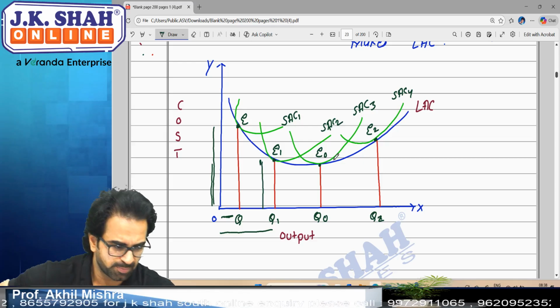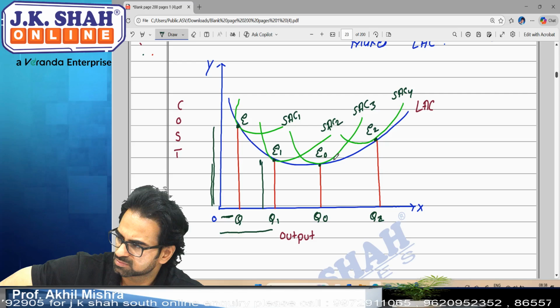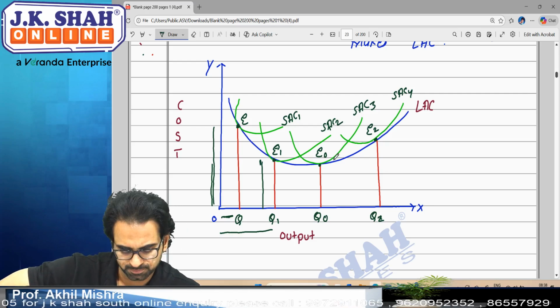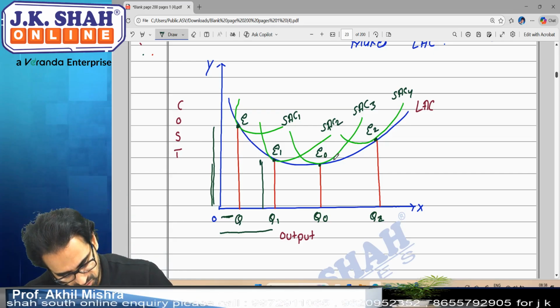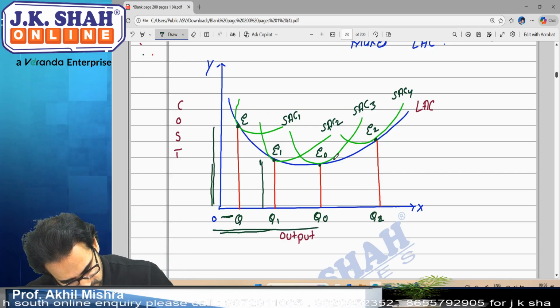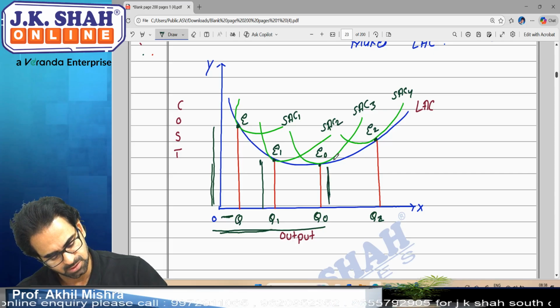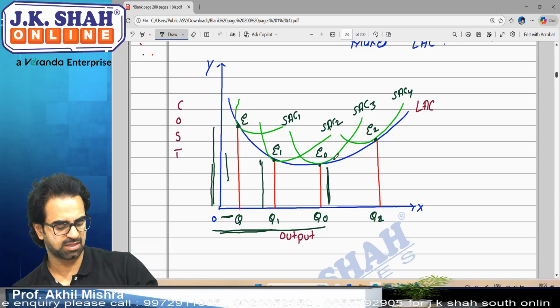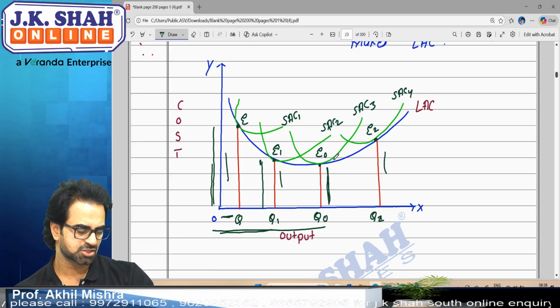Because if you compare, now see OQ0. Now at OQ0, the output is still here and the cost is this much only. If it's a cost of this and Q2, the least cost is which one?